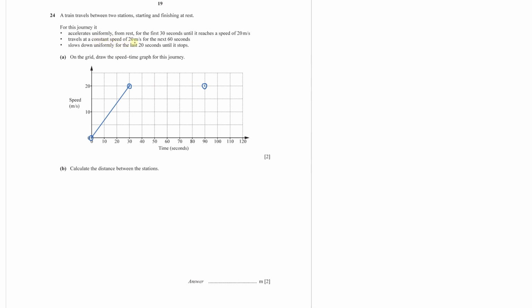So from 30 seconds till 90 seconds, the speed is constant at 20 meters per second. So this will be another straight line from this point up till this point here.